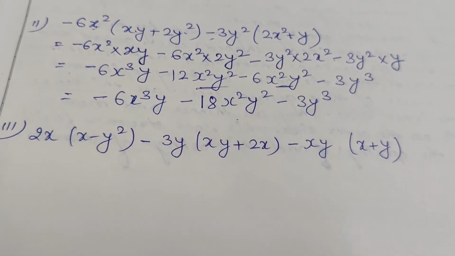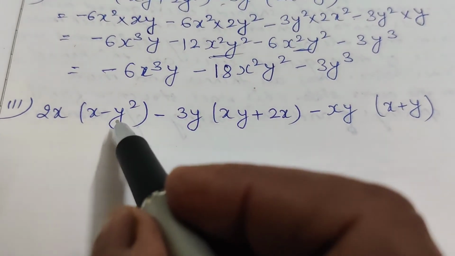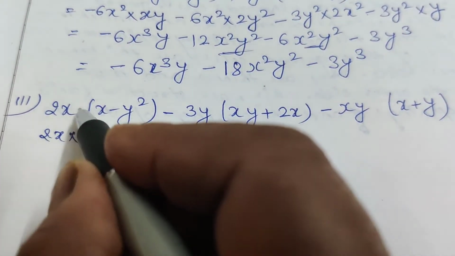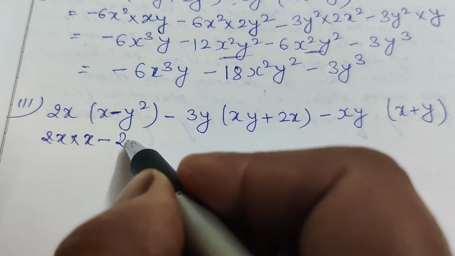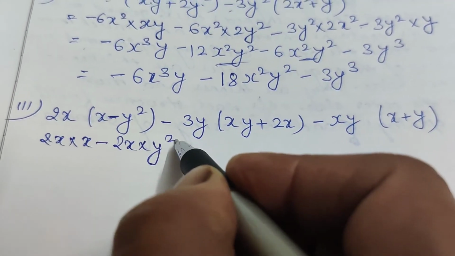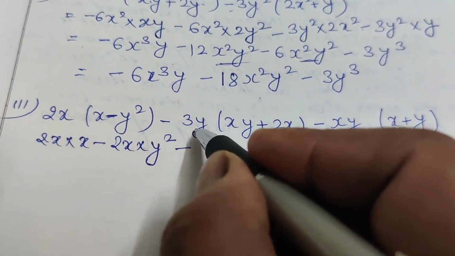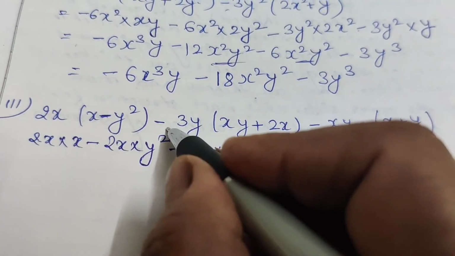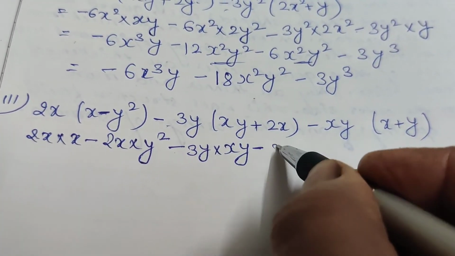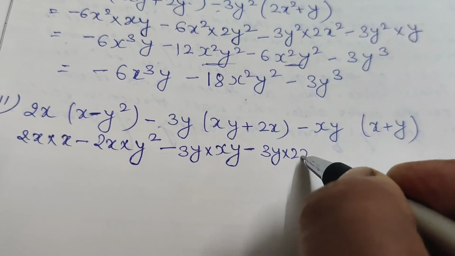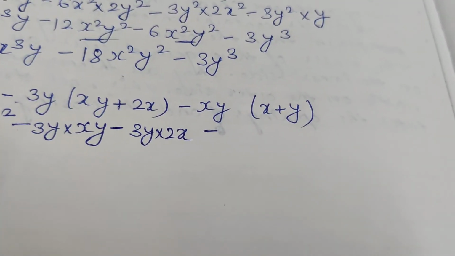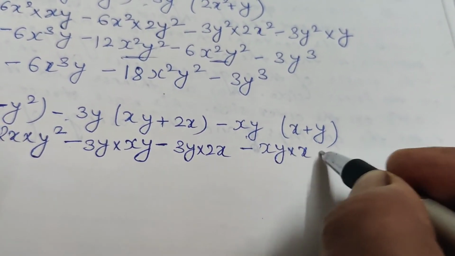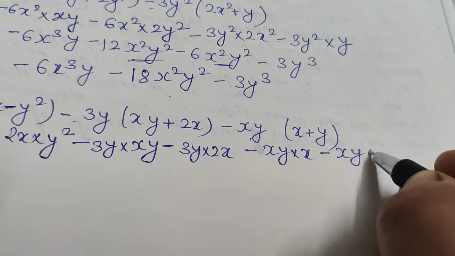Last, 2x into x minus y square. It means 2x into x minus 2x into y square, minus 3y into xy, minus 3y into 2x, minus xy into x and minus xy into y.